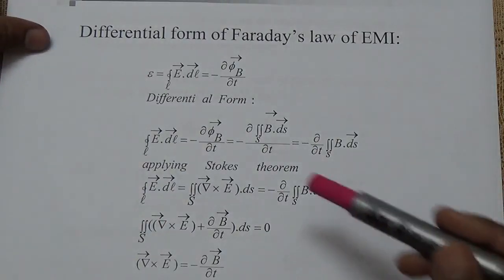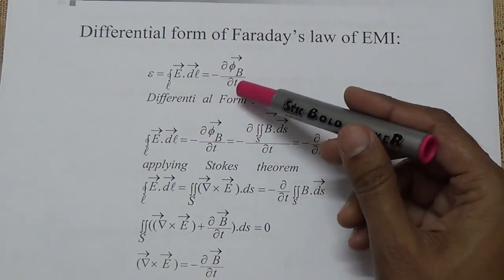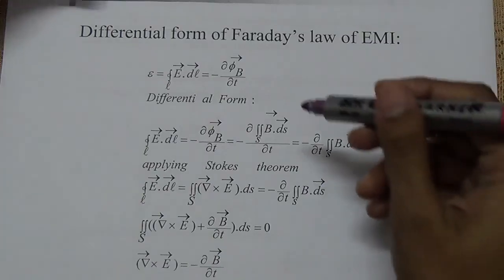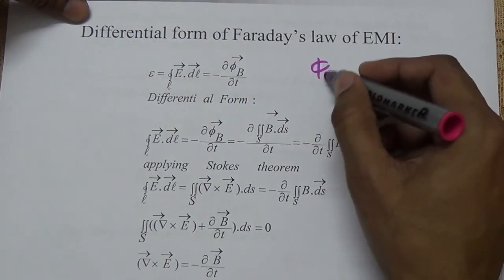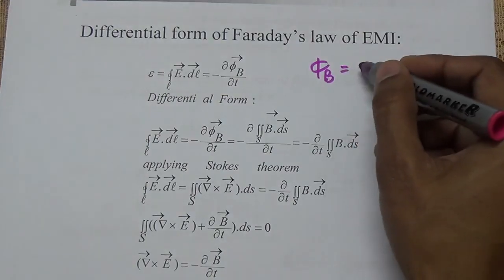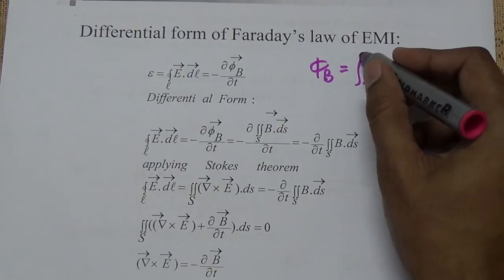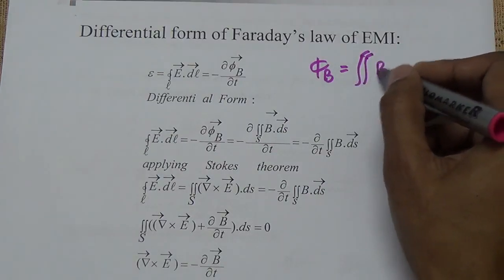Now how to convert this integral form of the Faraday law into the differential form? For that we know that phi B is the magnetic flux, and how to write that? It can be written, associated with the closed loop, as B dot ds.